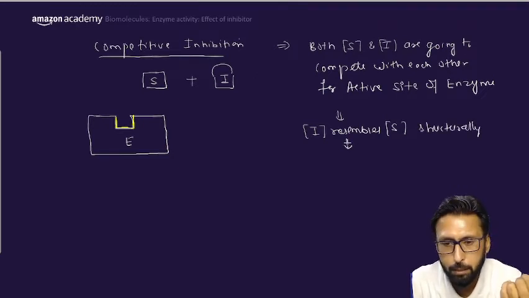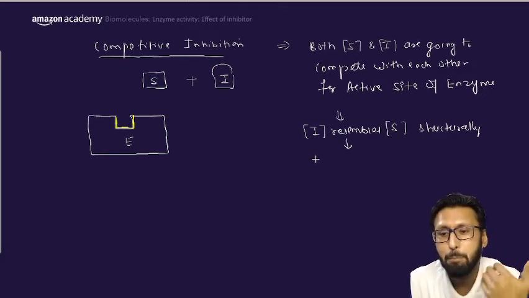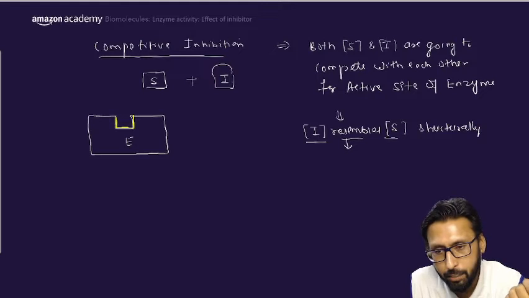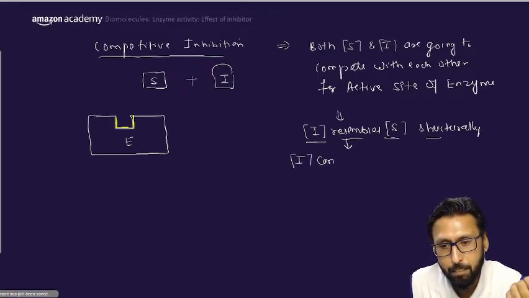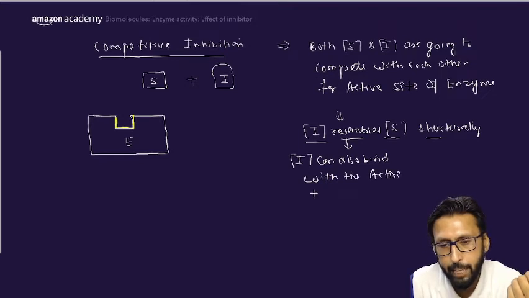In normal conditions only the substrate binds with the active site because the substrate is specific for the active site, but since the inhibitor resembles the substrate structurally, the inhibitor can also bind with the active site.